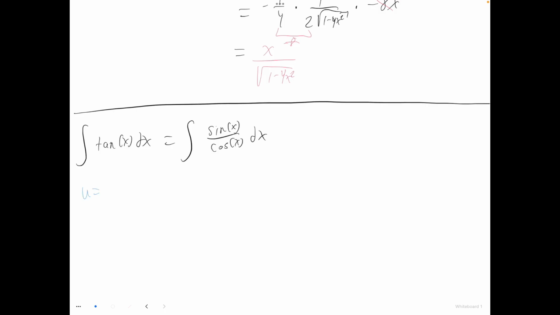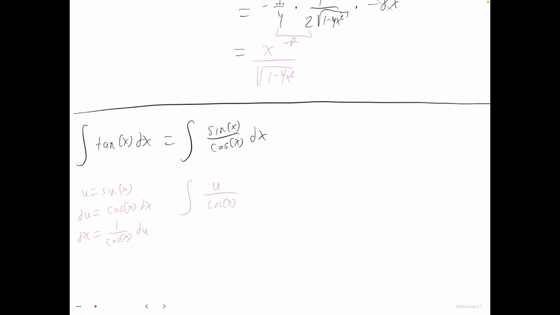So if I picked u to be sine, and again, I'll do this in red just to make this clear. If I pick u to be sine of x, then du would be cosine of x dx, and then dx is going to be 1 over cosine of x du. So when I plug things in, I'd have the integral of sine of x becomes u, so u over cosine of x dx.